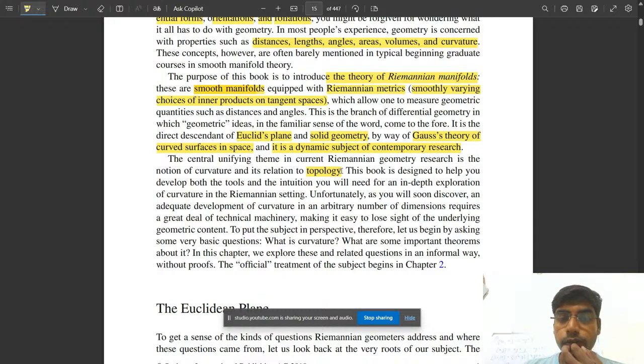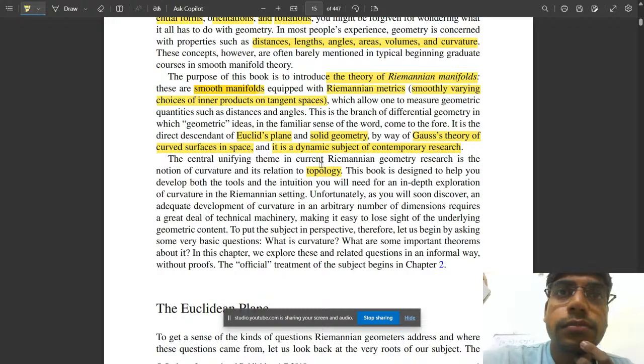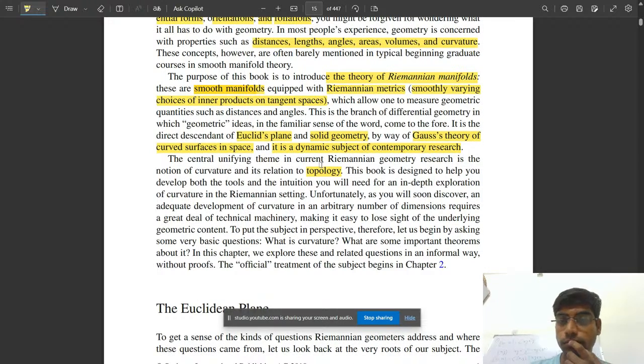Okay. So unfortunately, as you will soon discover, an adequate development of curvature in an arbitrary number of dimensions requires a great deal of technical machinery, making it easy to lose sight of the underlying geometric content, right?